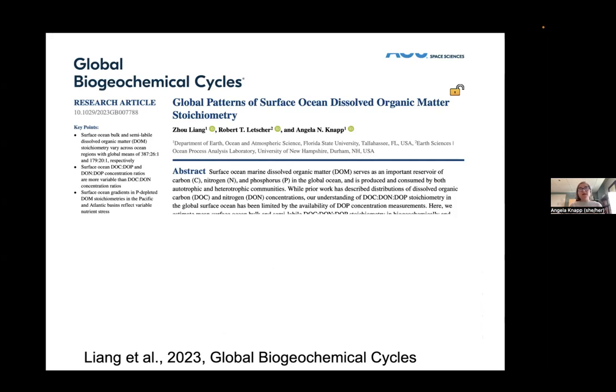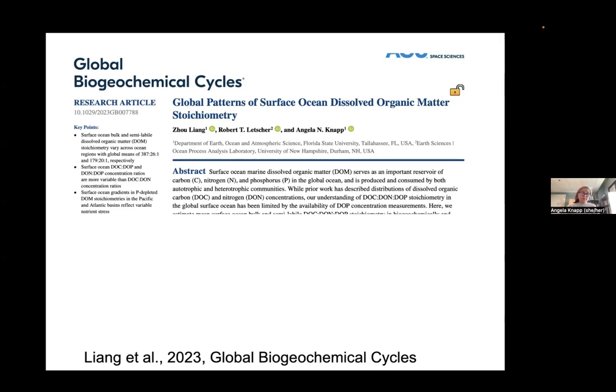And the idea here is that we want to compare carbon to nitrogen to phosphorus stoichiometry in dissolved organic matter with Redfield stoichiometry and spatially to try and get a sense of where dissolved organic nitrogen and phosphorus may be important for supporting phytoplankton growth.